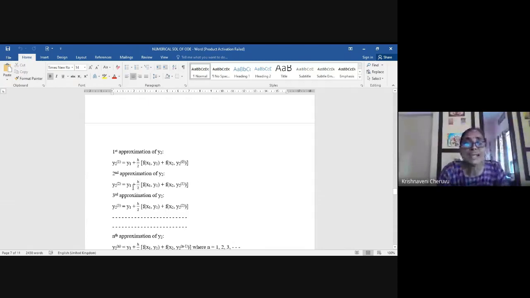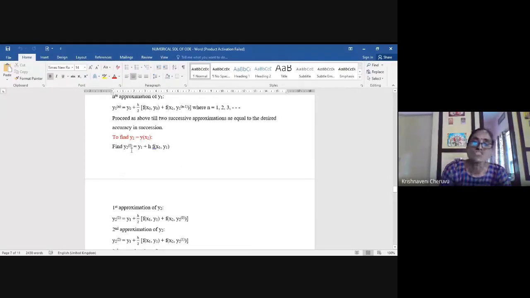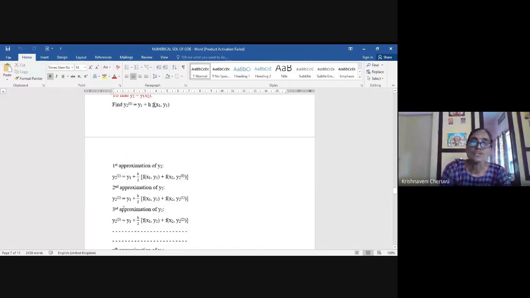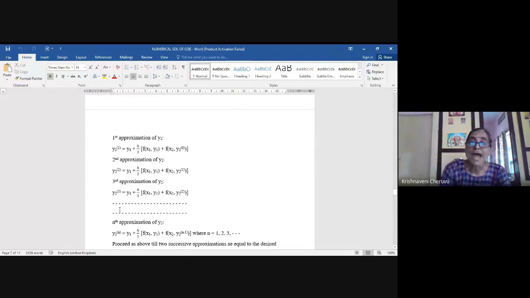Like this, you are not getting y2 from y1 immediately, girls. It is a step-by-step process, not a single step process. Each step involves so many approximations. So you start from y2 bracket 0, get y2 bracket 1, y2 bracket 2, y2 bracket 3, and you keep on finding like this till you get two equal approximate values for y2 in succession.